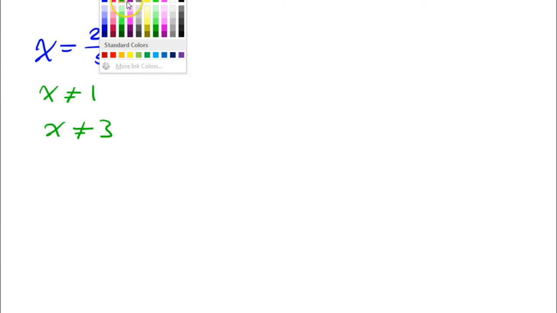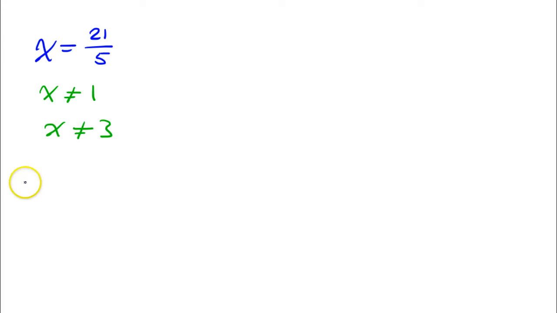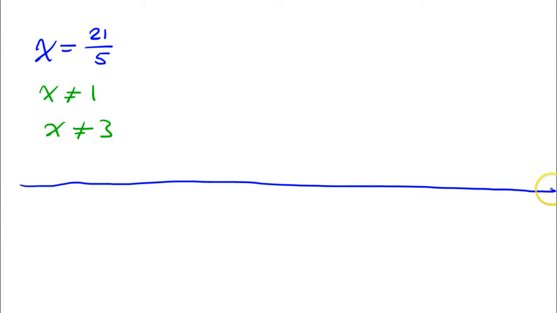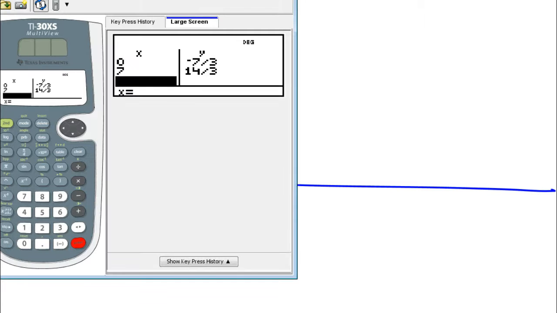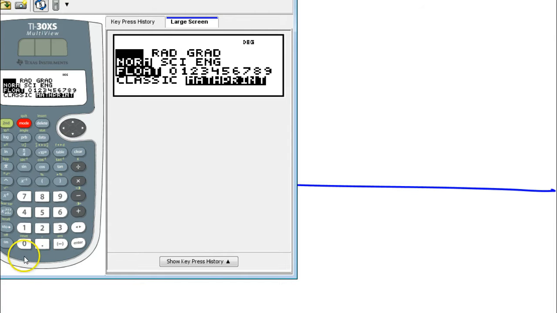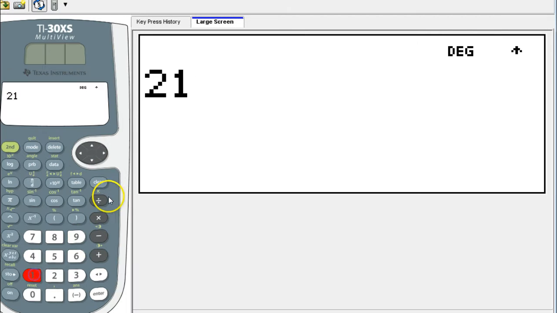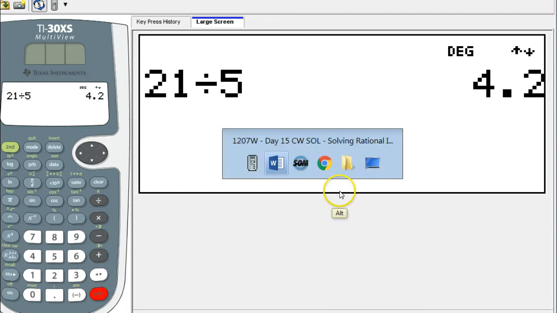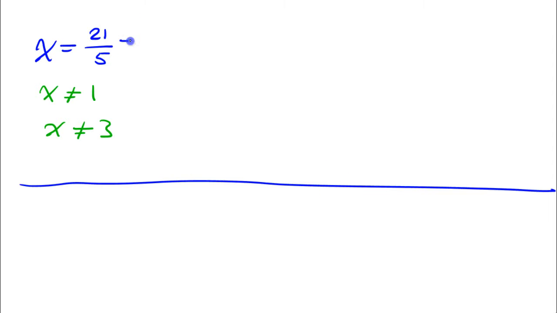So let's do it. By the way, for 21/5, it might be useful to know what the decimal value of this is. 21 divided by 5 is 4.2.